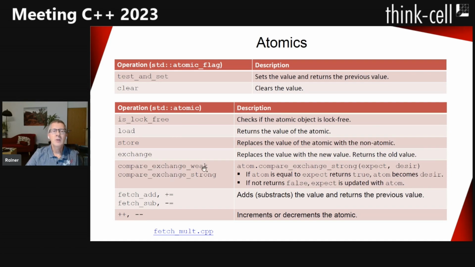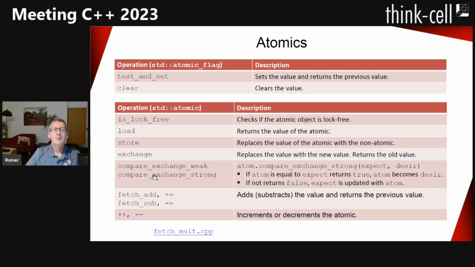Compare exchange weak, compare exchange strong. I will ignore weak. But to make it complete, we also have fetch_add and plus equal, fetch_sub and minus equal. The difference between these two operations is that fetch_add returns the old value, but plus equal the new value. And of course, we can increment and decrement.